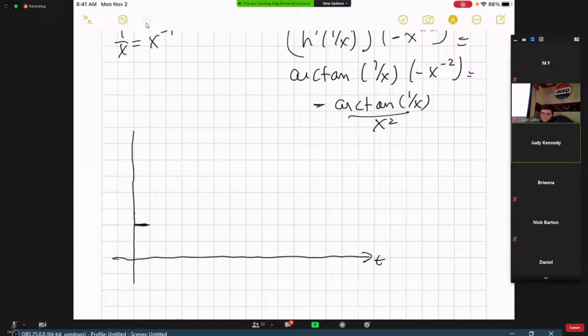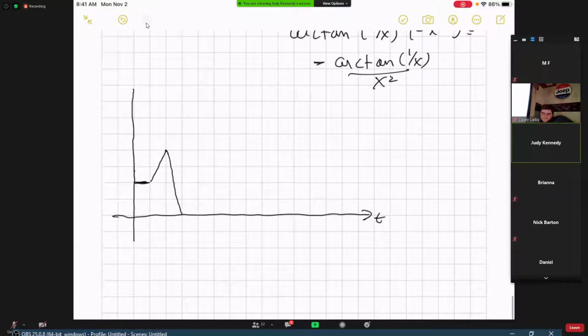Okay, so here's my graph, and it goes straight up, and then it comes straight down, and then it goes straight down, and then it's horizontal for a little bit. These are just line segments, and then it goes straight up.